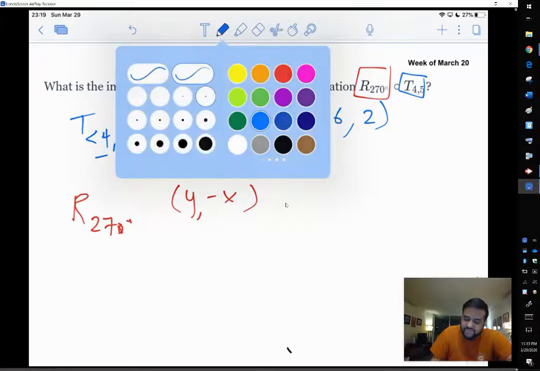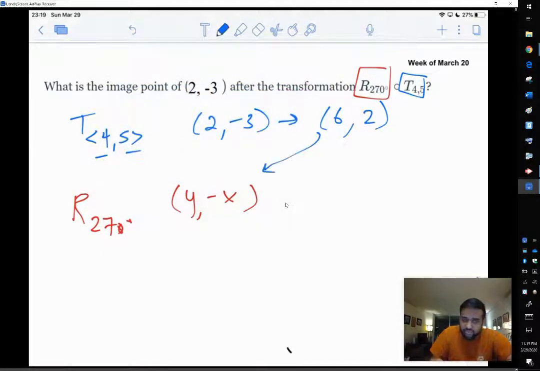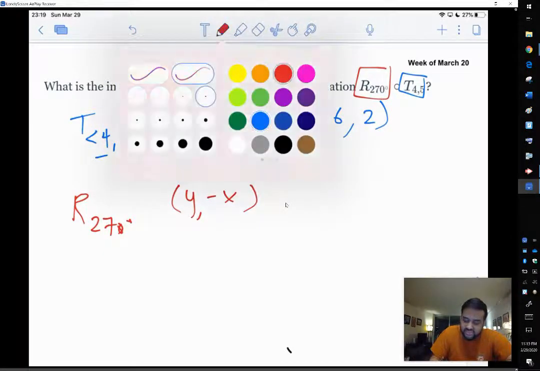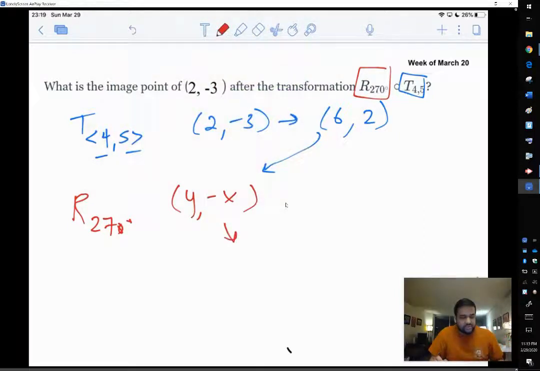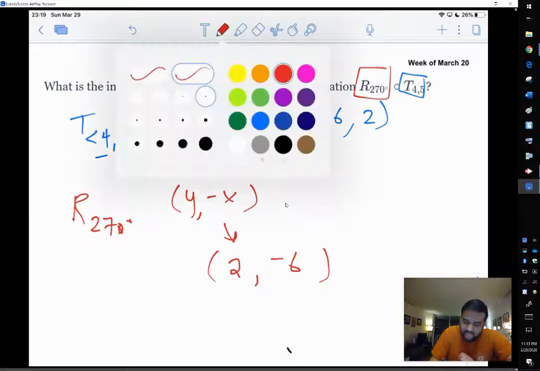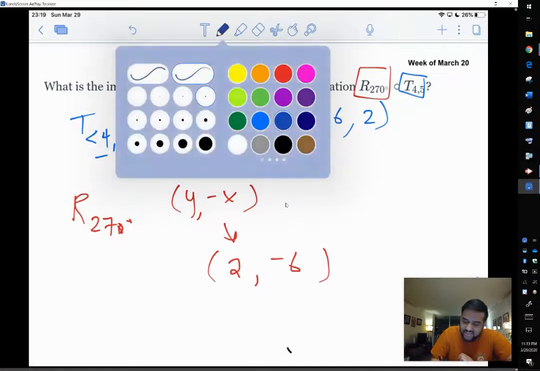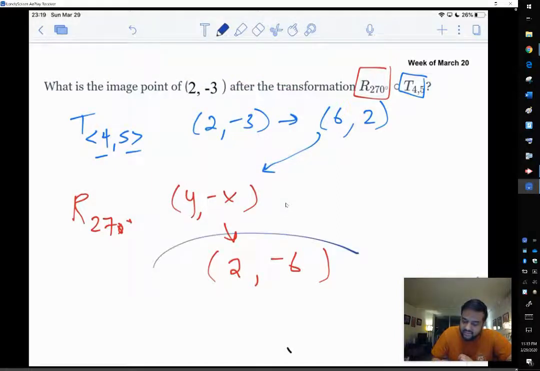So after the first step, we got 6, 2. So now we're going to apply this step to 6, 2. And if we do that, we should end up with, let's see, this says flip the coordinates. So y goes here and x goes there, and make the x negative of whatever it was. So if it was already negative, it becomes positive. So our final answer, after applying the translation and then the rotation, is this.